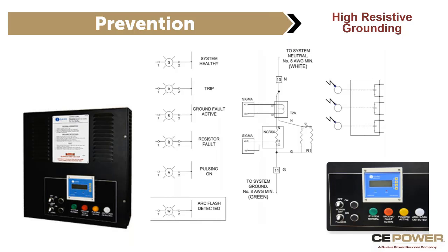It's also reducing shock hazard. So when going from solidly grounded to high resistance grounding, there's some process improvements there, reliability improvements, and there's also essentially some arc flash mitigation techniques as well. So it's a pretty involved process to make that conversion, but we have done some for clients, and there's big benefit there.